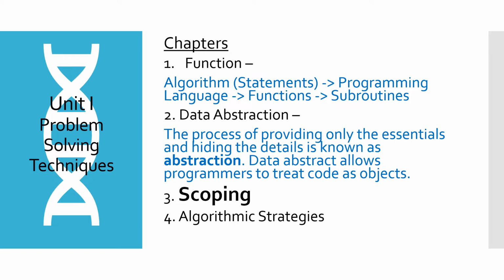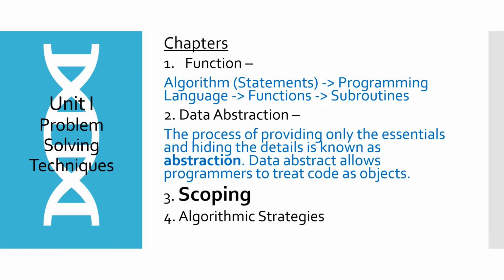In chapter 4, you will see more about the algorithmic strategies, where I can give more examples about the algorithms as well. And when we talked about chapter number 2 in video number 2, it was more about data abstraction concepts. What is a data abstraction?